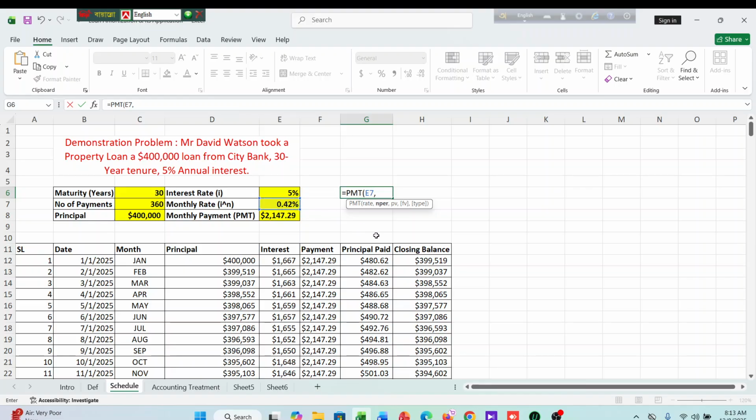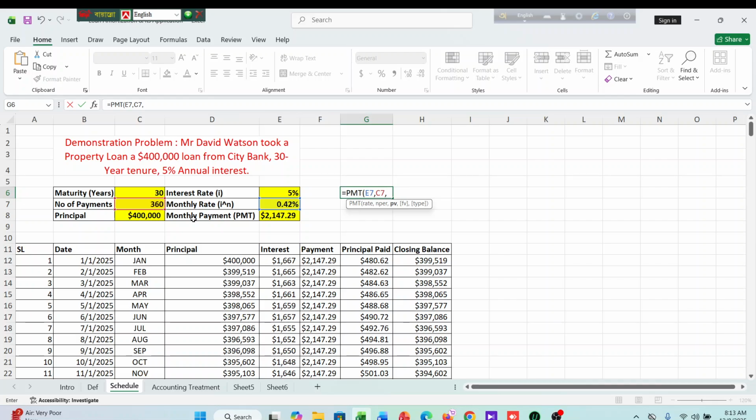Then we are being asked the number of payments. We know we want to pay the loan in 360 months, so we give 360. What is the bank paying you currently?